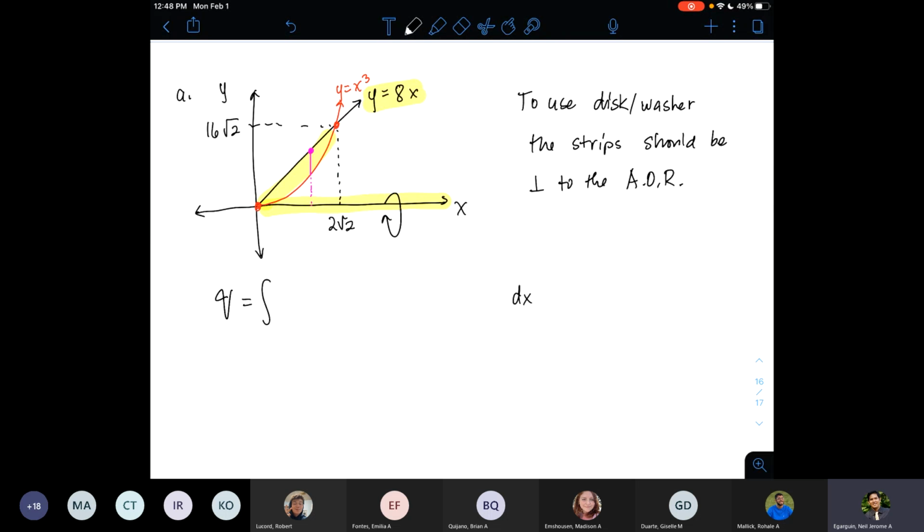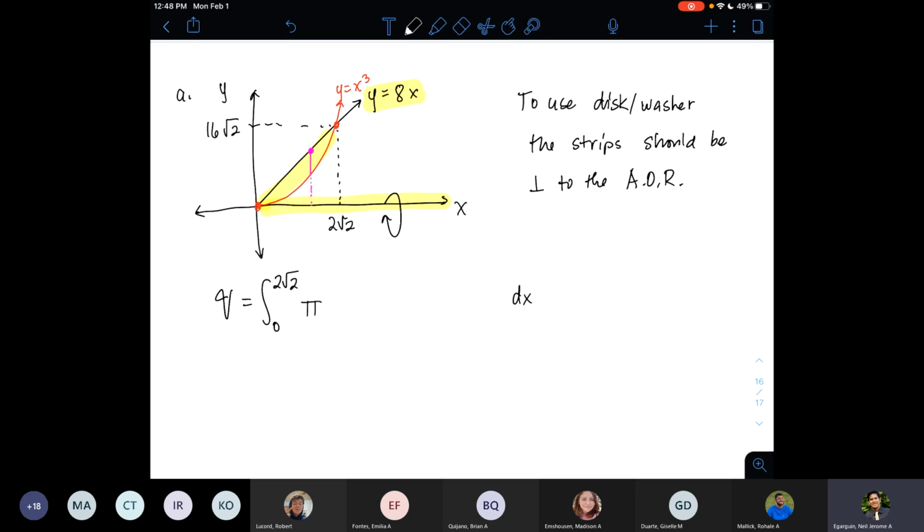And then I need the bounds for x. Luckily, we know what the bounds for x are. The region started at x equals 0 and ended at 2 root 2. For the disk or washer method, there's a pi multiplier, because it would be a stack of infinitely many circles that are closely packed to get the solid, so you integrate the area of the circle, pi r squared.